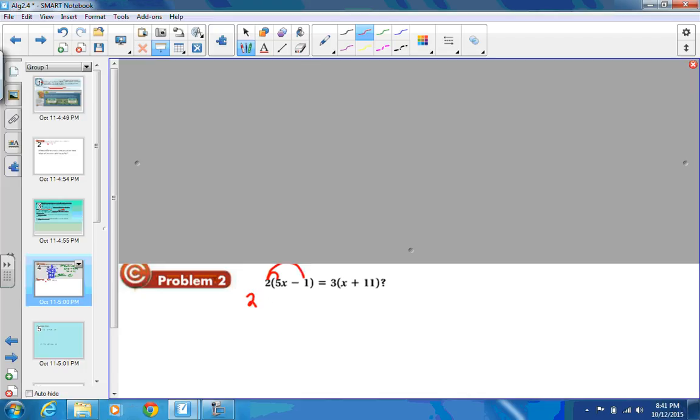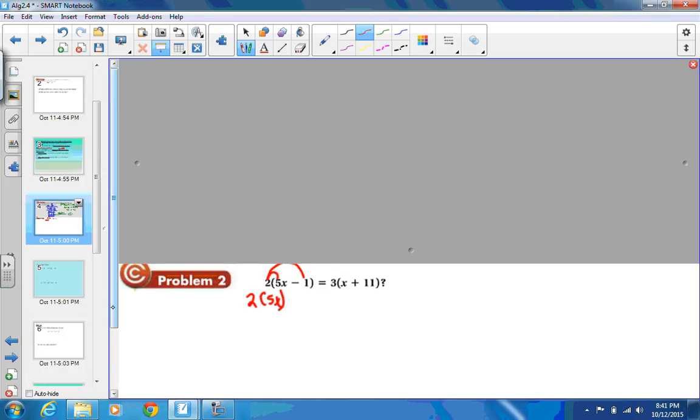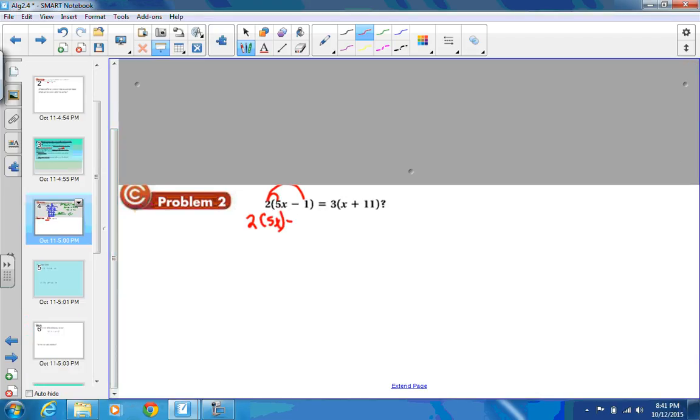So it'll be 2 times 5x, keep the subtraction sign, and then 2 times 1. And over here we're going to distribute 3 to both those things on the inside. So 3 times x, keep the plus sign, and 3 times 11. So really that would be 10x minus 2 equals 3x plus 33.